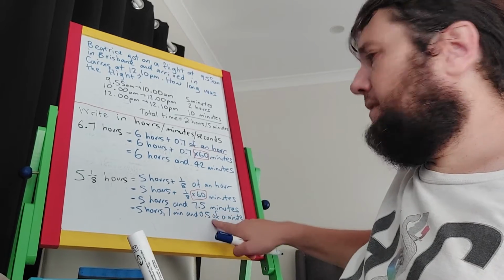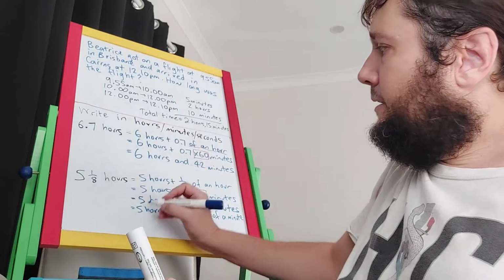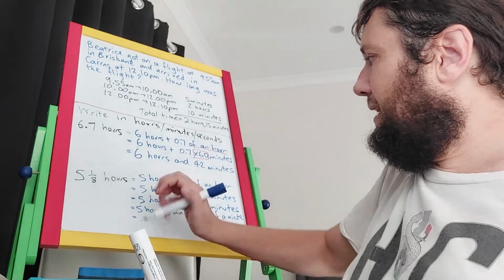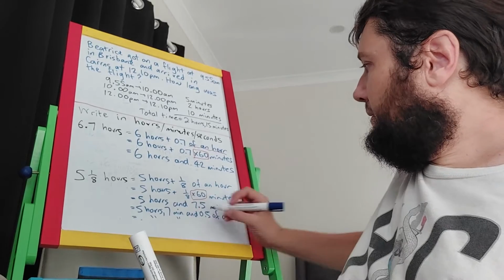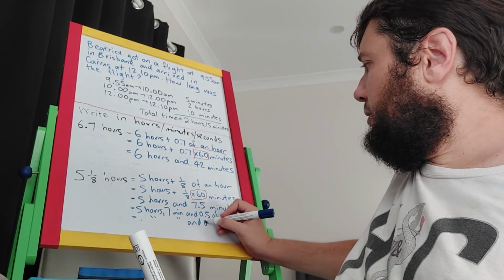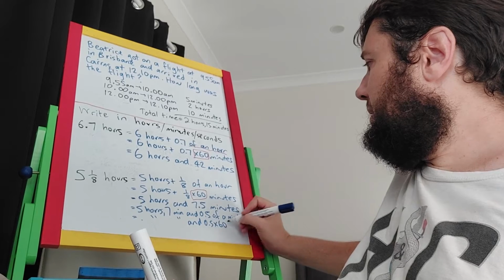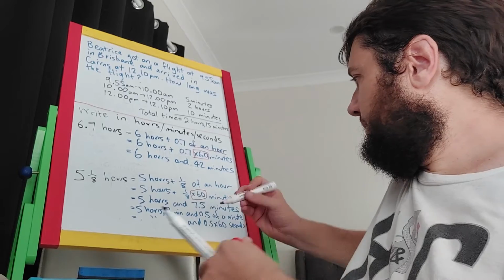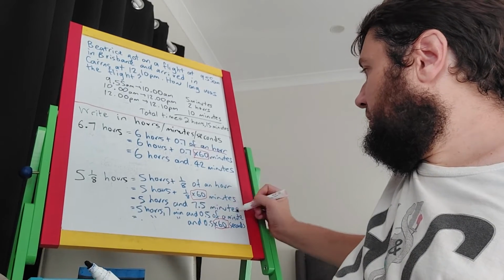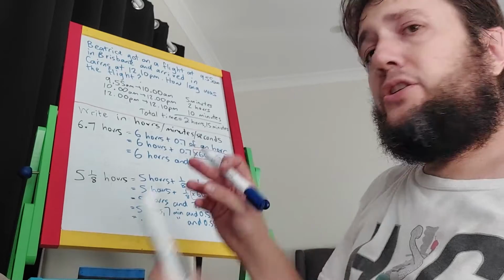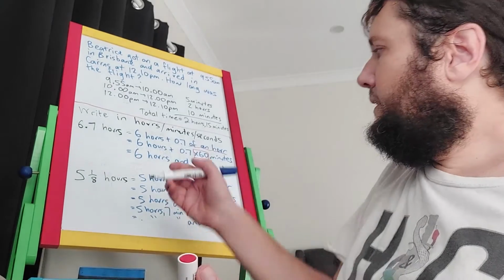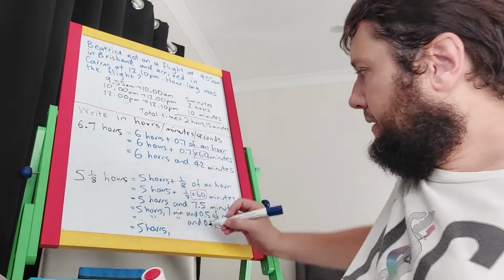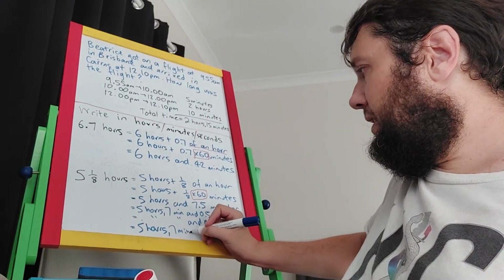Because it's 7 minutes plus another half of a minute there, which you could write as 5 hours, all the same as above here, and 0.5 times 60 seconds, because below minutes are of course seconds. So the of a minute this time got changed to multiply by 60. And when you put all of that together, guys, you're going to get 5 hours, 7 minutes, and 30 seconds.